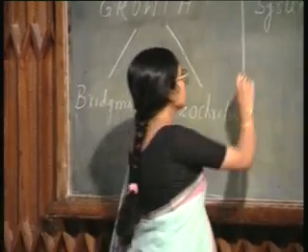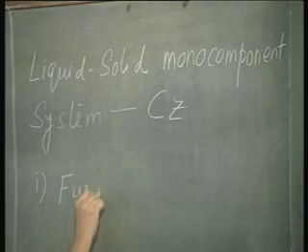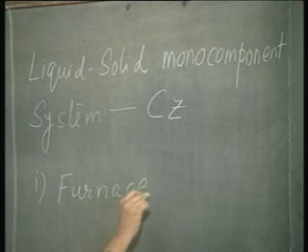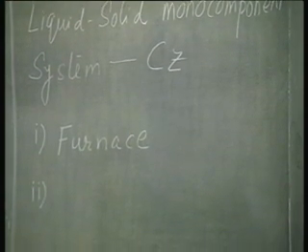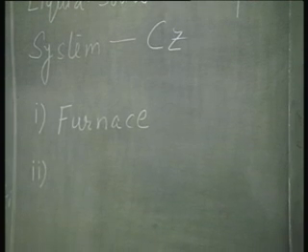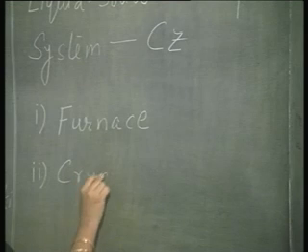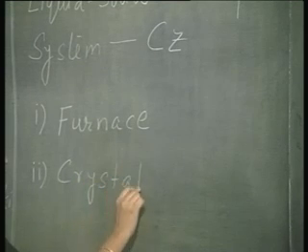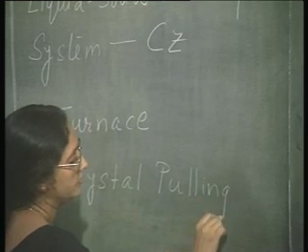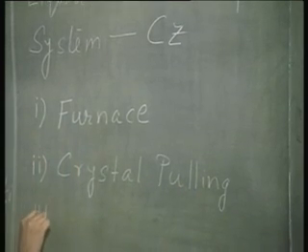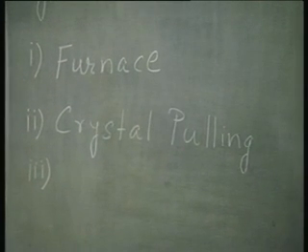The first is a furnace. Second is known as a crystal pulling mechanism. Third is the ambient control.